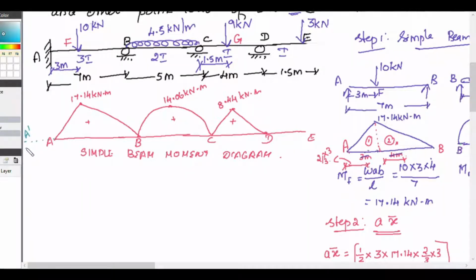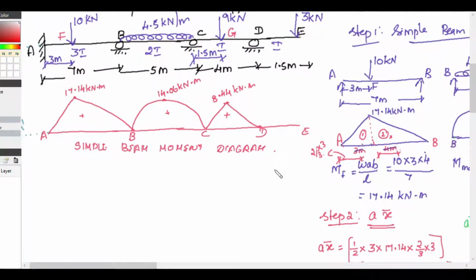First set of span is A dash, A and AB. Second set of span is AB, BC. So BC, the moment of inertia is 2I. We have a 4.5 kilonewton meter and 5 meter span length.